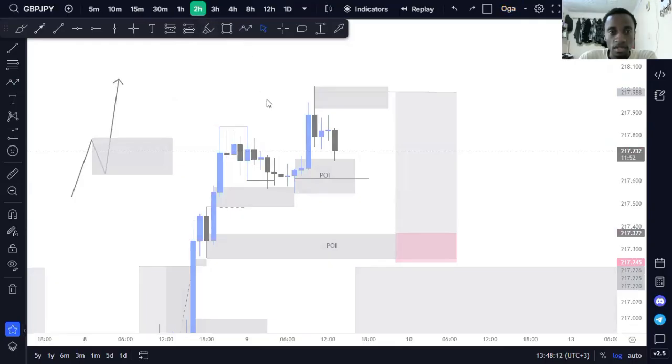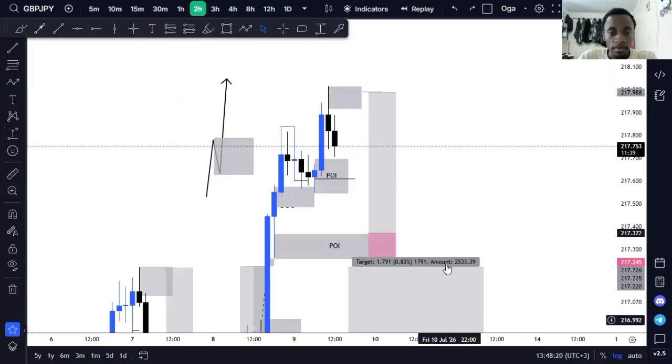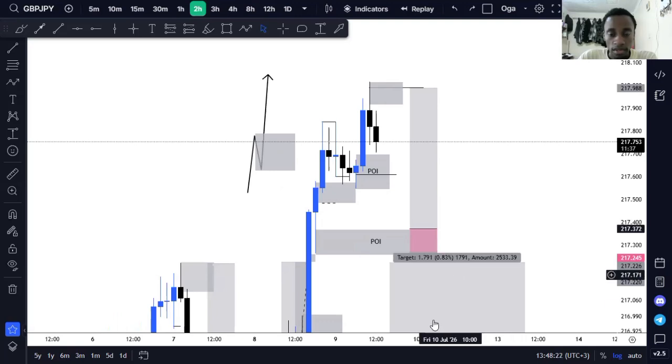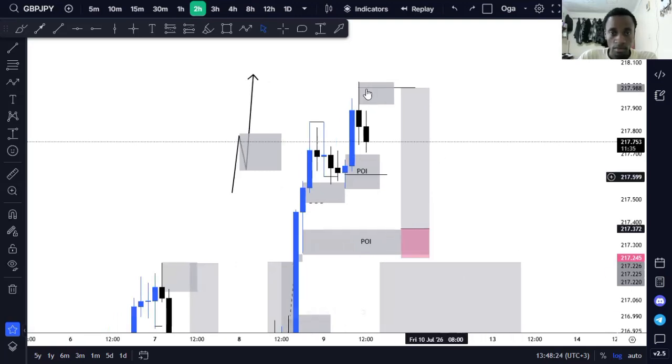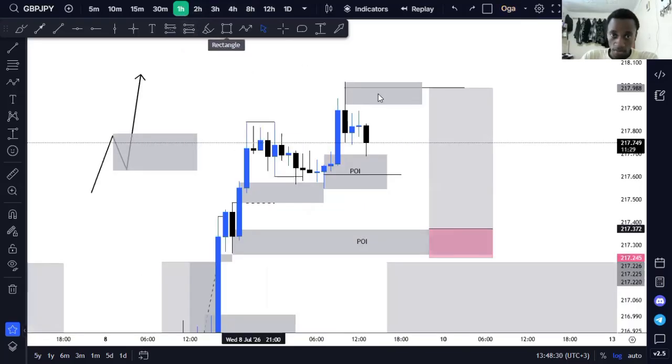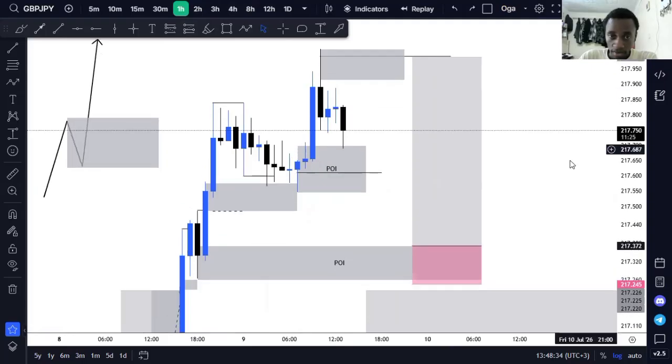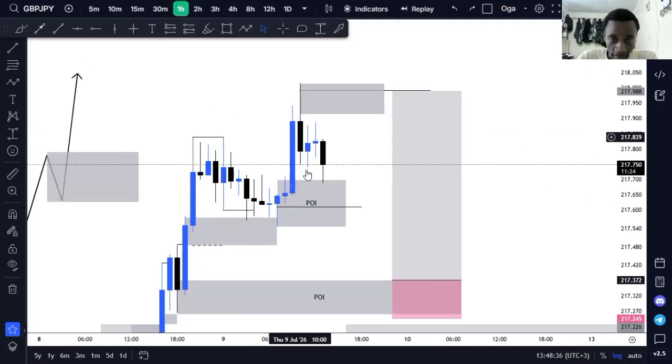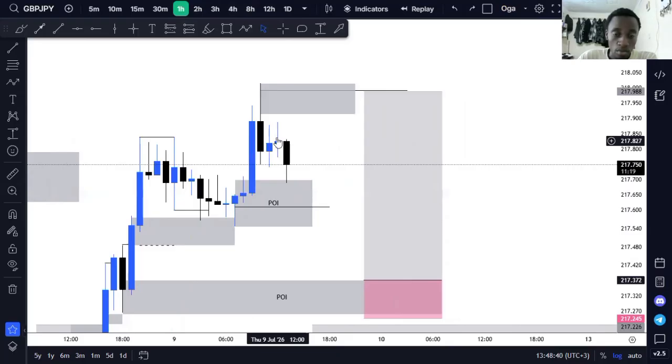If you have the same structure with this one, I don't know, the internet is not loading, so 2 hours still doesn't have a structure. So looking at 1 hour, we see it has created some blue candles.